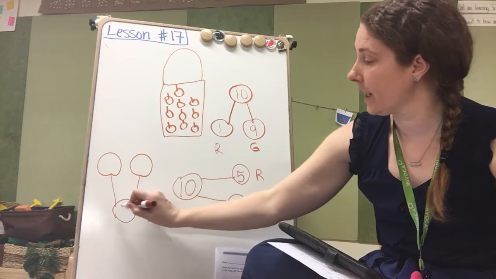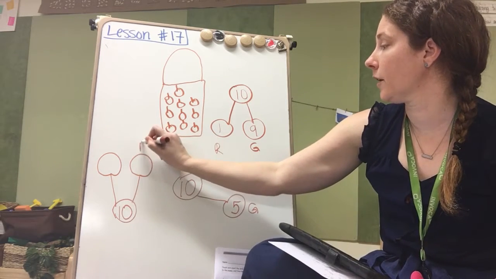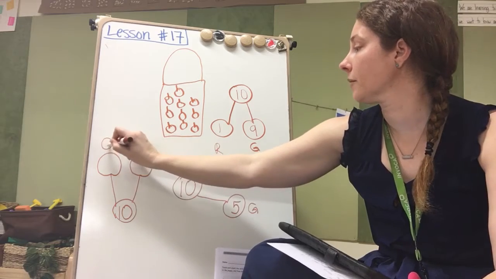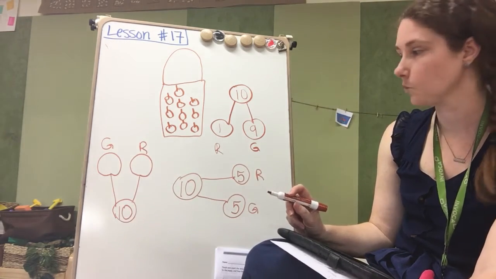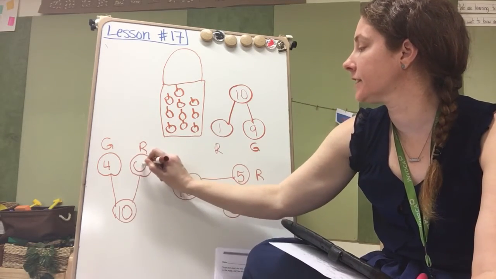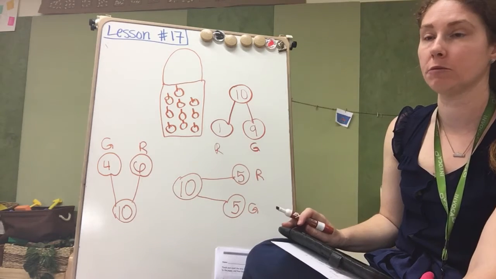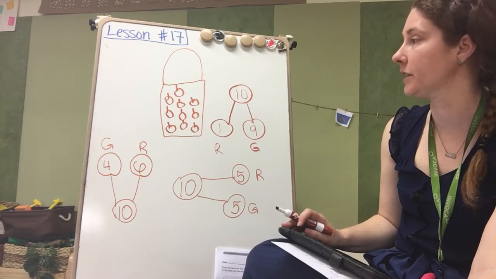So 10 apples, of course, still the same. And then let's do our red part and our green part. And now this time I'm going to do 4 green apples and 6 red apples. Another possibility that Sammy's mommy did.